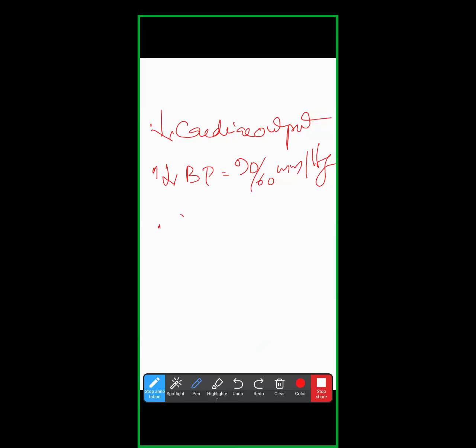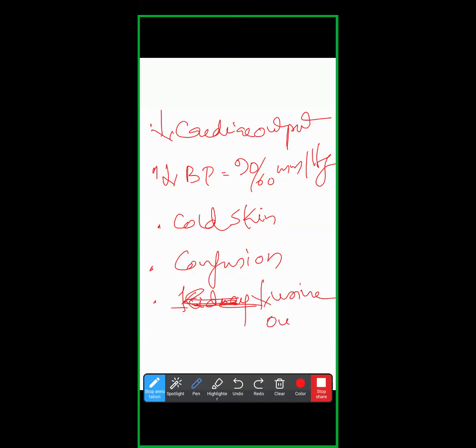Then cold skin, confusion, and decreased urine output.